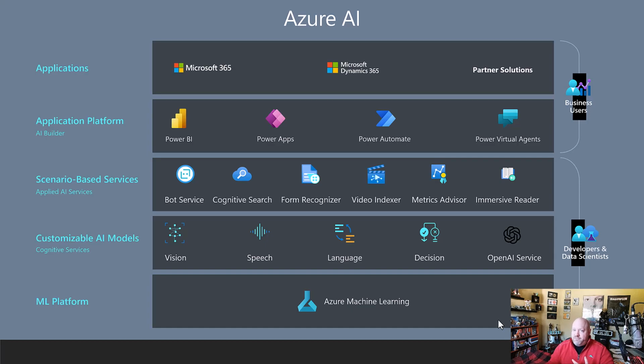Then there are decision-making services, and then OpenAI. And OpenAI is the first, as I talked about earlier, generative-based AI services that Microsoft provides. And each one of those 3 models are going to be available to customers to leverage in their own enterprise. And then if you ever need anything custom that doesn't fall into any one of those categories, that's where Azure Machine Learning comes into play, and your data scientists can create their own models.